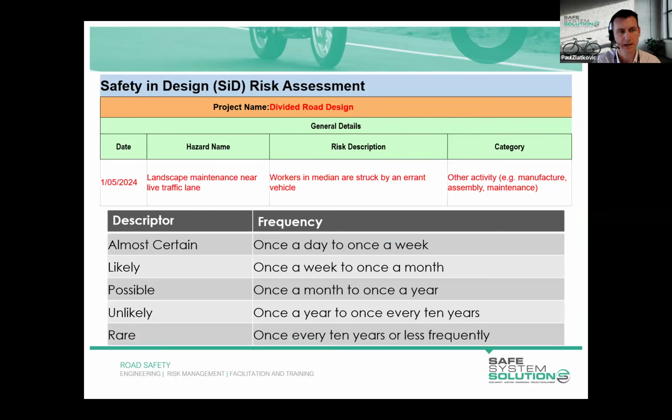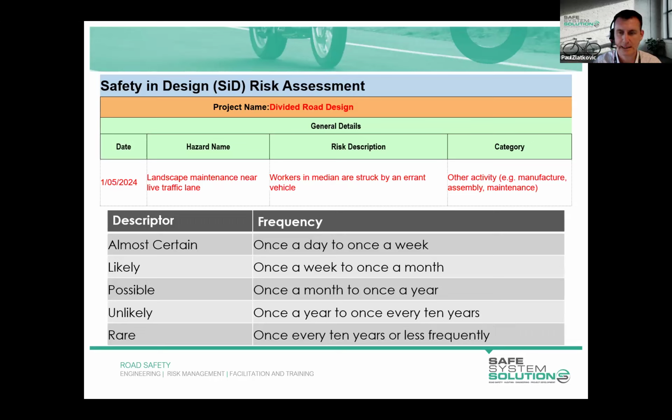I've identified the hazard as the live traffic next to the median, and the risk description is workers are struck by an errant vehicle. Those workers are maintaining that landscaped median. When we describe a risk, it's important to describe the hazard, which is the source of harm, and then the risk event, which is the event which causes the harm to eventuate.